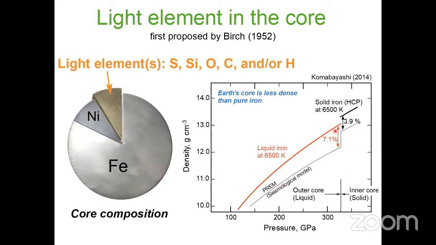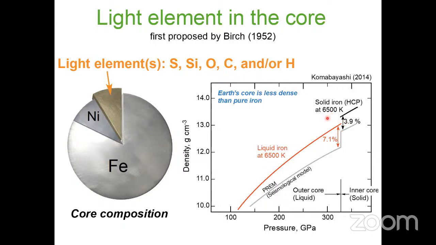And I plotted pure iron density for liquid by red and for solid by black at 6,500 Kelvin, which is close to the core temperature. And from this diagram, we can see that the Earth's core is less dense than pure iron. So the density difference, so-called density deficit, is 7% for the outer core and 4% for the inner core.